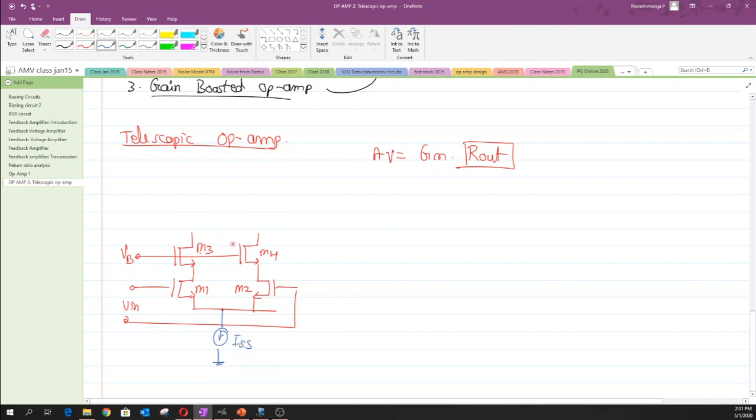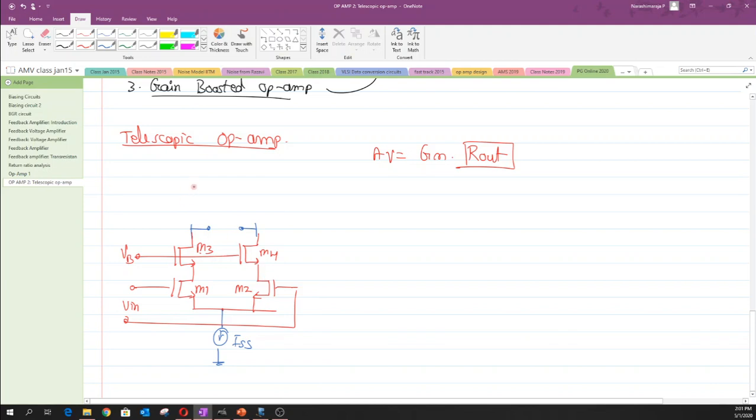Now let us talk about a circuit topology which has a differential output. We want the output to be extracted from the drains of M3 and M4 rather than from the drains of M1 and M2.